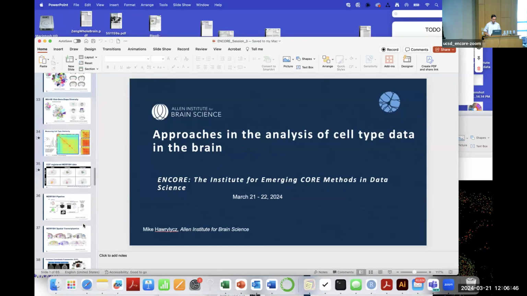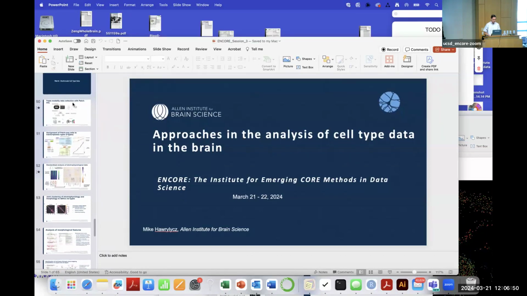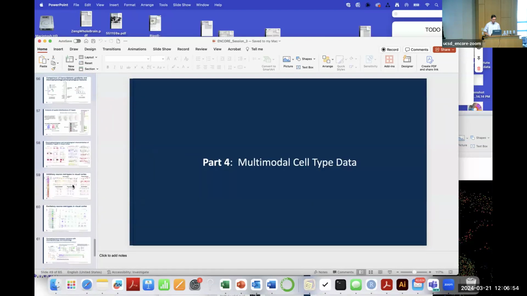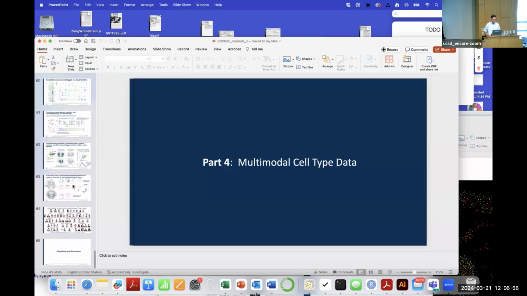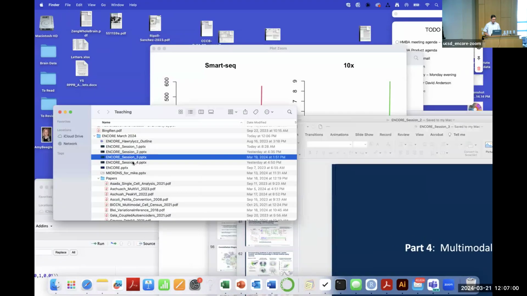This is more like transcriptomic analysis. The next section would be on cross-modality, multimodal comparisons.